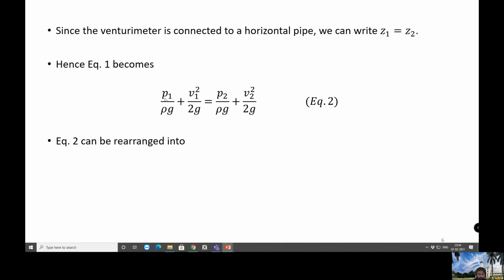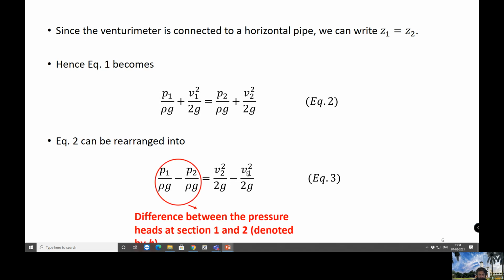Now this equation number 2 can be rearranged, so you bring this P2 this side and V1 that side. P1 by rho g minus P2 by rho g is equal to V2 square by 2g minus V1 square by 2g. Now this is the difference between the pressure heads at section 1 and 2, so P1 by rho g minus P2 by rho g.